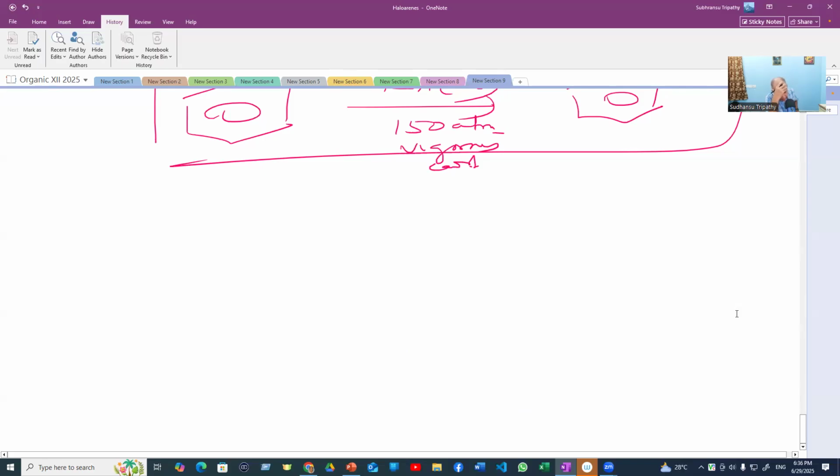Precisely, EWG, electron withdrawing group, as you also said, deactivating group, like nitro, like cyanide, like aldehyde, like carboxylic acid, like sulfonic acid. You should have answered minus R groups or minus M. M is an old word used in benzene chemistry, aromatic chemistry, mesomeric, because resonance is also called mesomerism. So resonance effect is also called mesomeric effect. So minus R is also called minus M.